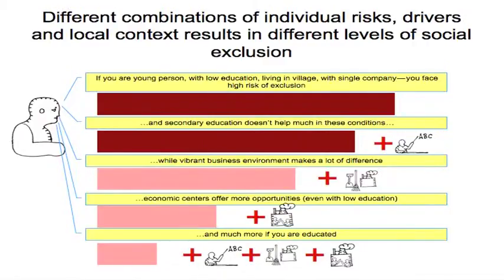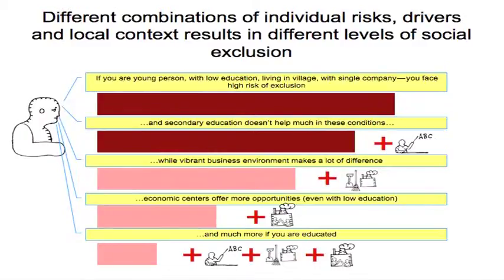So if you are young, if you are not well educated, if you are living in a village with one company which provides employment, you face the highest risk of social exclusion. But what happens if we compare the situation of peers who are also living in villages with one company, however they got better education? Their situation will be better.